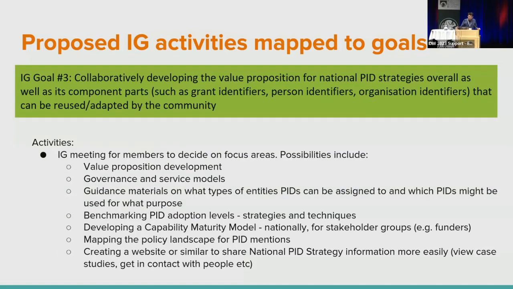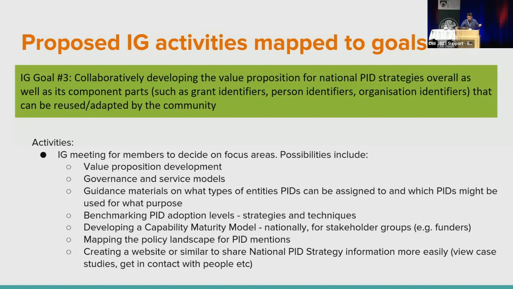The third goal there is to develop the value proposition for national PID strategies overall, as well as its parts, which might be grant identifiers, different types of identifiers, and so on, that can be reused and adapted by the community. So we would like ideas around which areas to focus on.